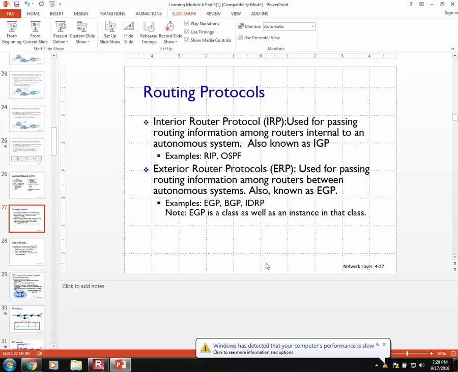Then you have exterior router protocols used for passing routing information amongst routers between autonomous systems, and these are obviously called EGPs, for exterior gateway protocols.